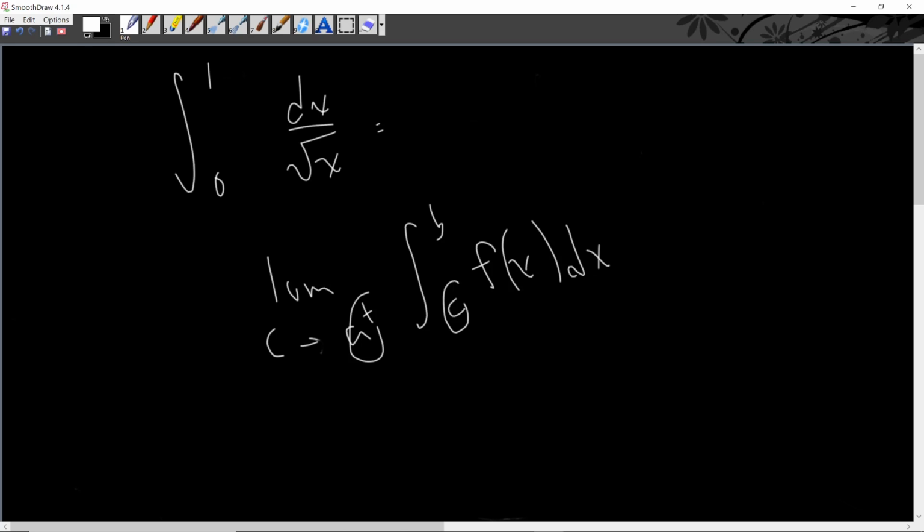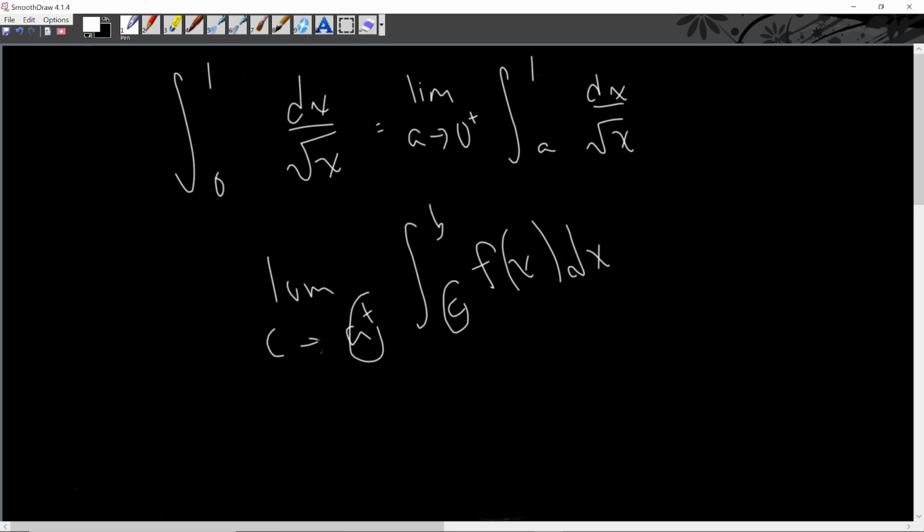So let's do that same thing. We have the limit as a approaches 0 from the right of the integral from a to 1 of f of x dx. And then, well, we didn't actually define f of x. This is just going to be dx over root x.